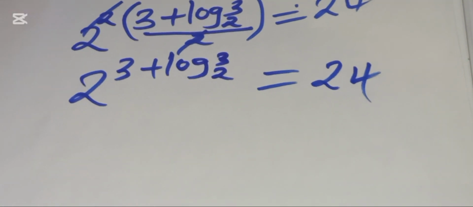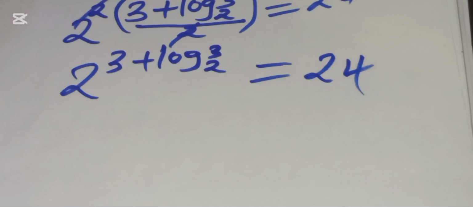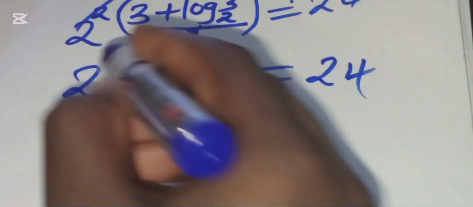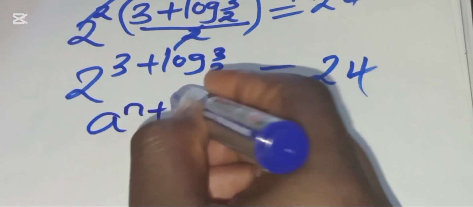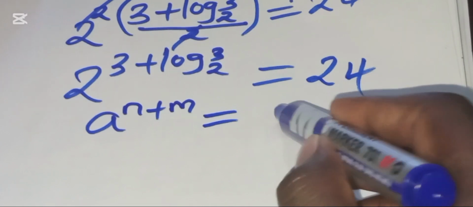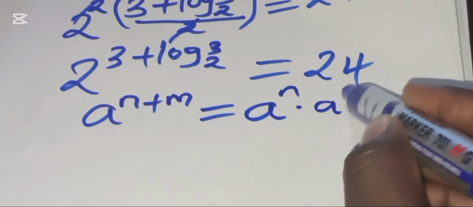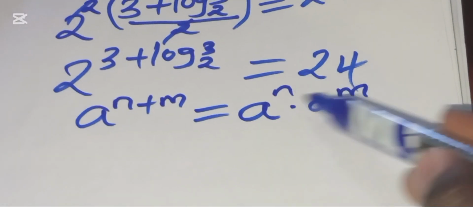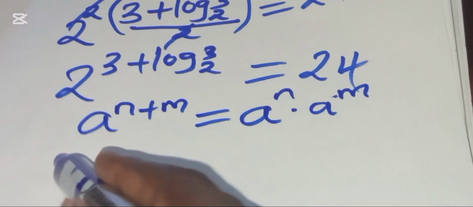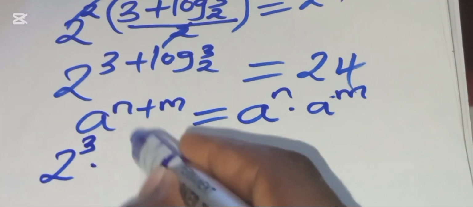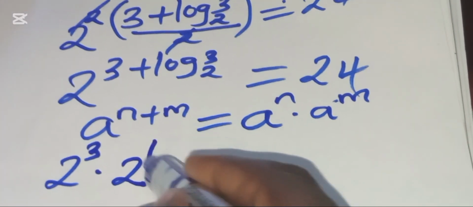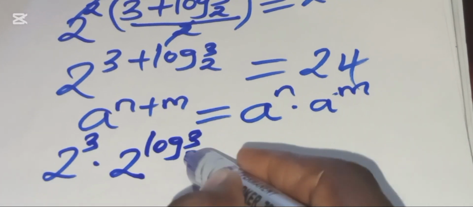Now, 2 to power 3 plus log 3 to base 2 is in the form of a raised to power n plus m, which can be expressed as a raised to power n multiplied by a raised to power m. Applying this indices property, we'll have 2 to power 3 multiplied by 2 to power log 3 to base 2.